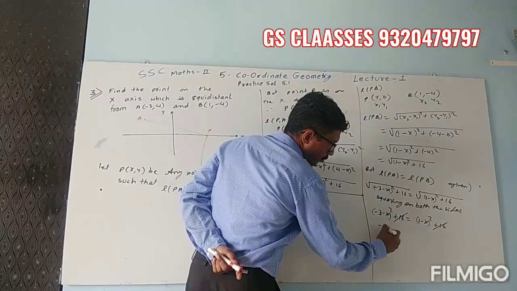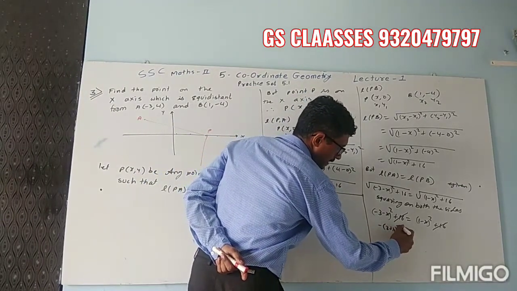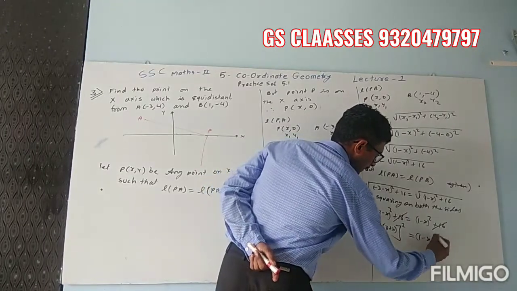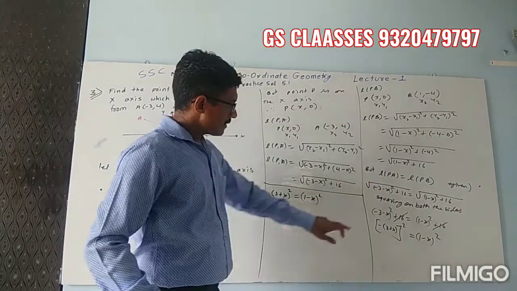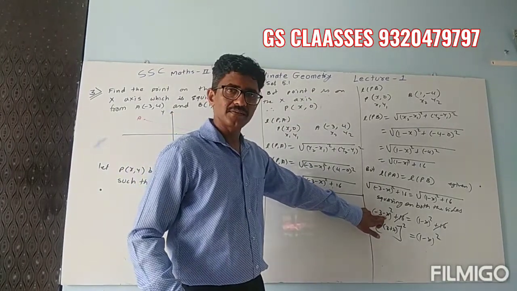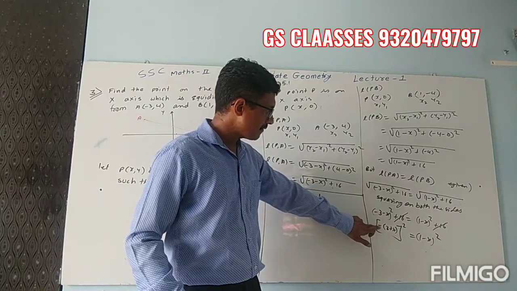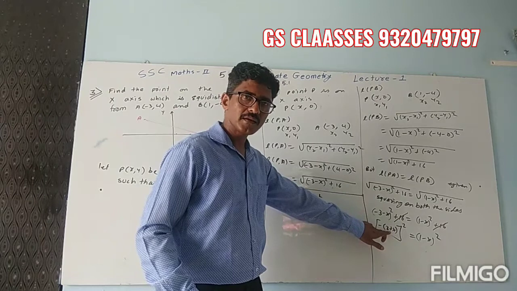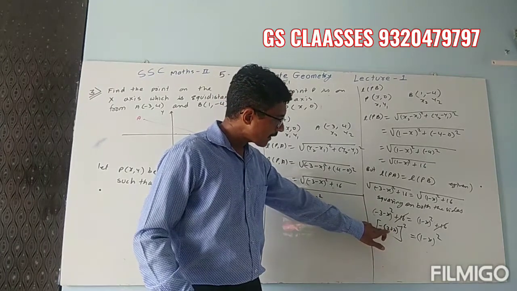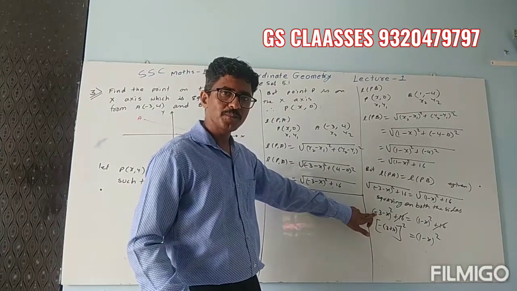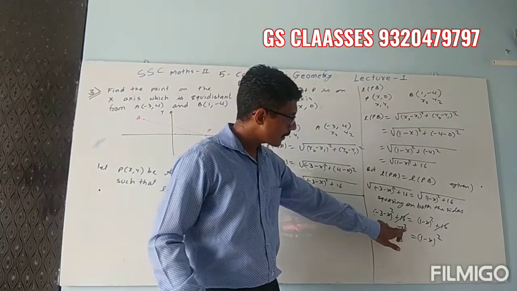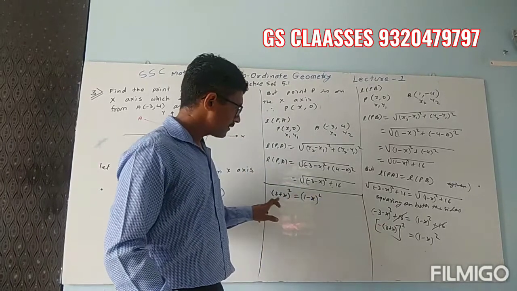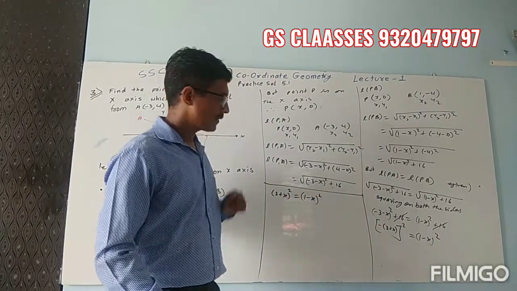If I am taking minus common, it becomes 3 plus x, and the overall square is already there. This is minus and this is minus, so minus minus I have taken outside, so it has become plus. If you open the bracket, you will get back the original value. Now, because of the square, this minus will become plus. That's why I am writing this step.